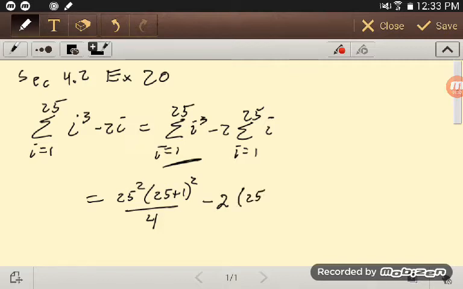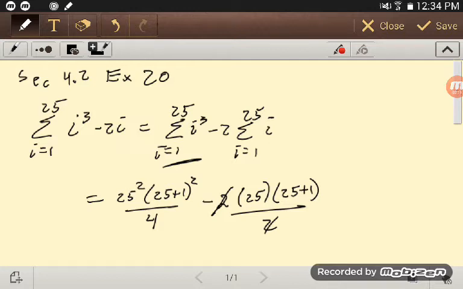So 25 times 25 plus 1, all divided by 2. Okay, so those simplify. Now, it says check your result. Well, heck, I'm not going to multiply out 25 squared and 26 squared on my own. I'm going to use technology at that point.